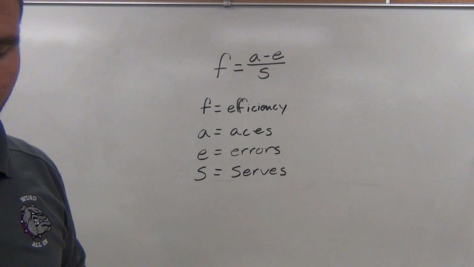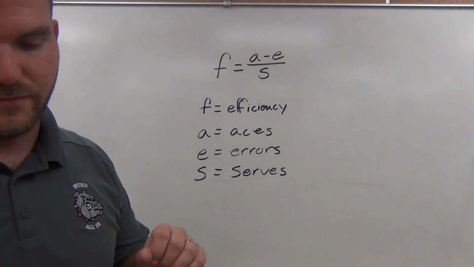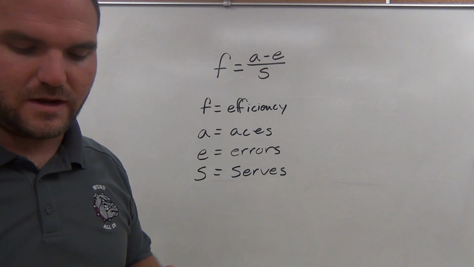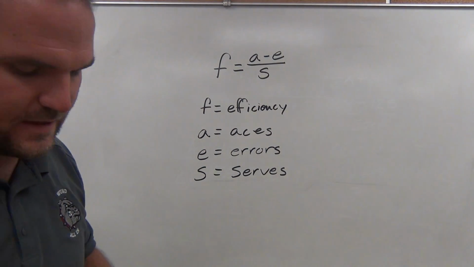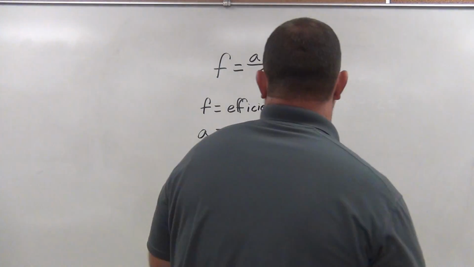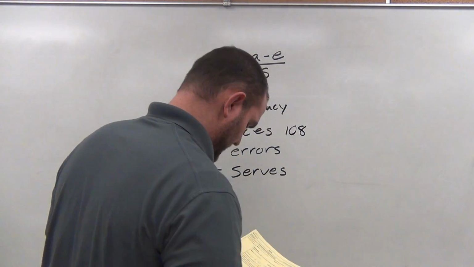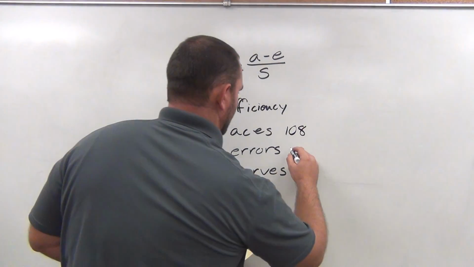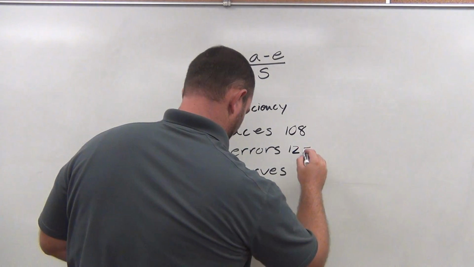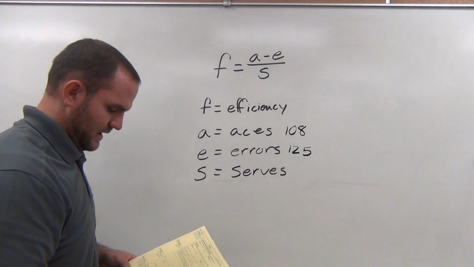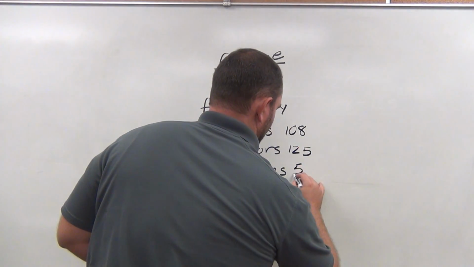Okay, so calculate, find the ace efficiency for a player who has 108 aces, 125 service errors, and 500 serves.